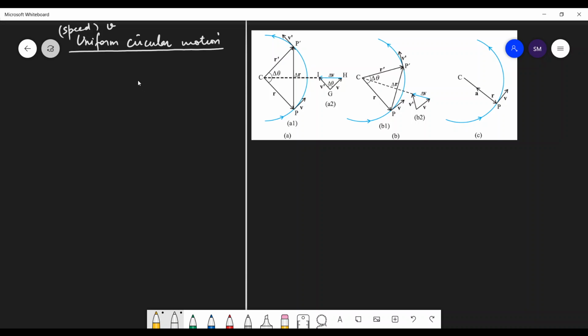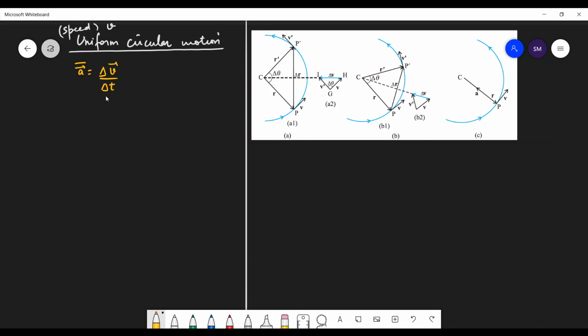So if I want to write average acceleration, it will be the change in velocity from P to P dash divided by time taken, delta t.